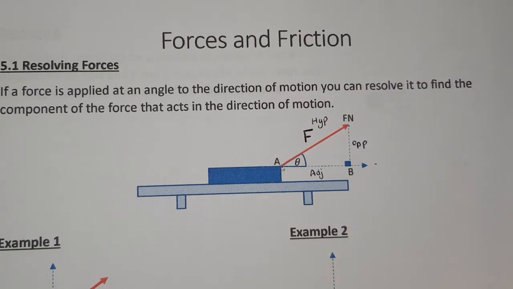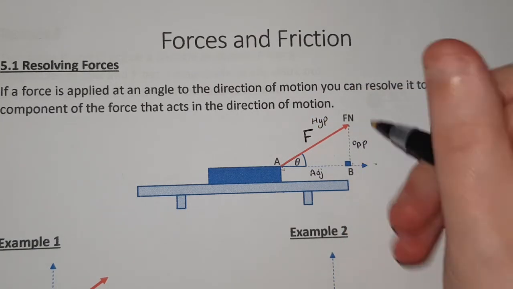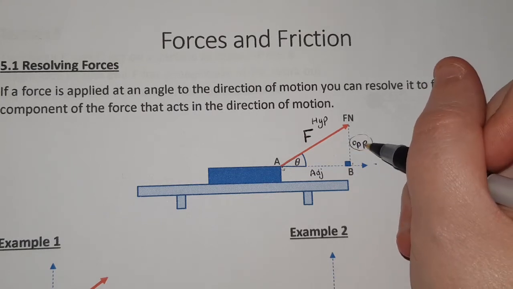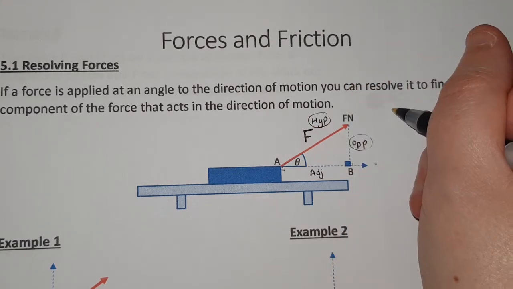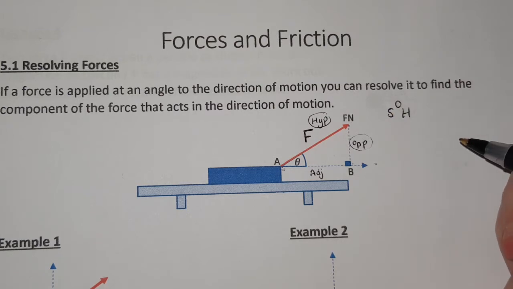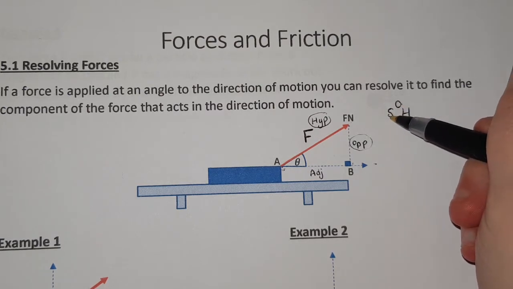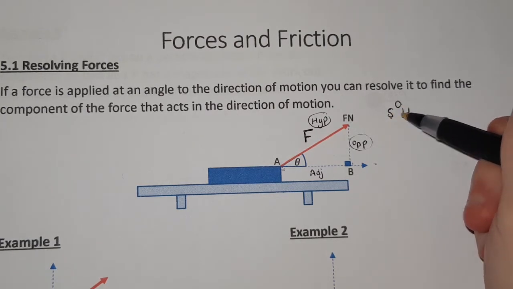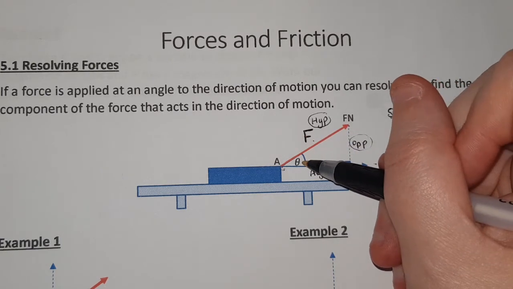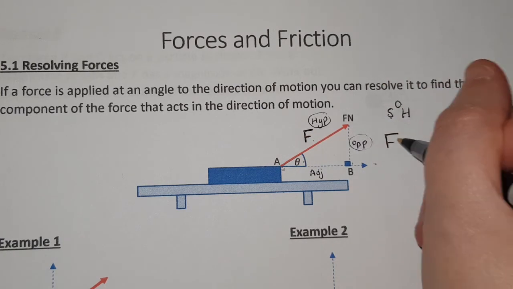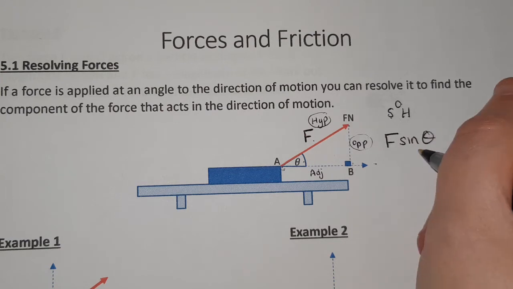If I want the vertical component, I'm on the opposite side. For those who used SOHCAHTOA like this at GCSE, for opposite you do sine of the angle times the hypotenuse. Hypotenuse is F, so sine theta times F gives F sine theta as my vertical component.